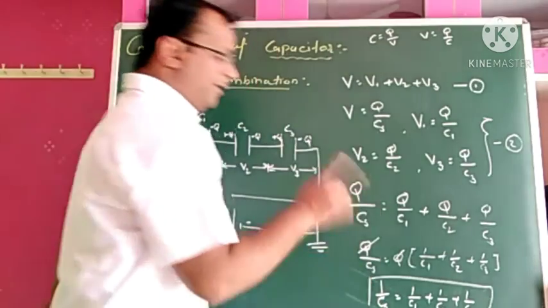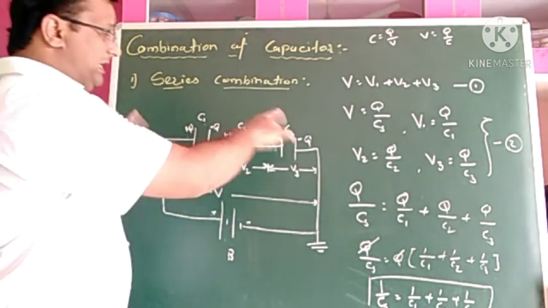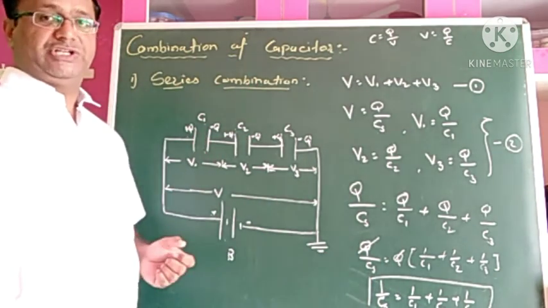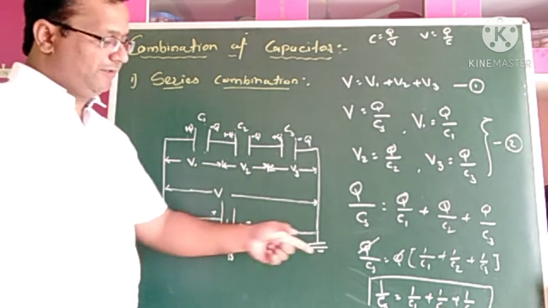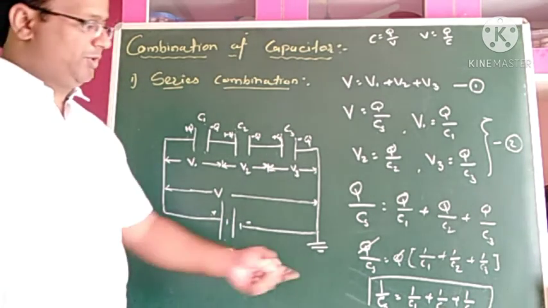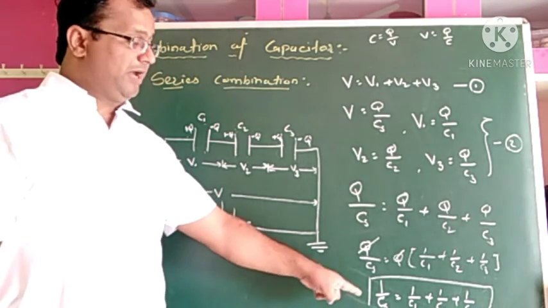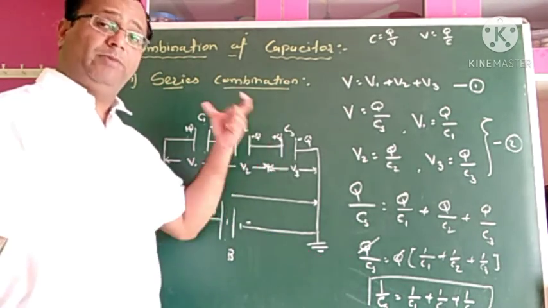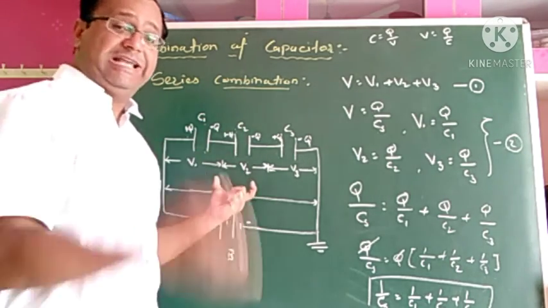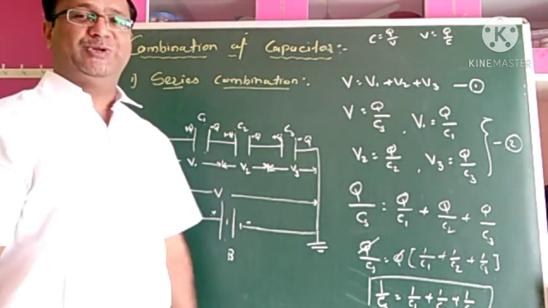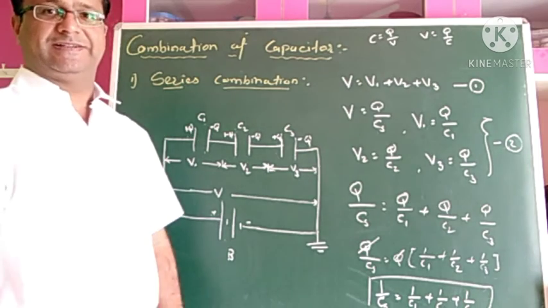Now this is the effective capacitance in a series combination. If you see the equation for 1 upon Cs, it means that the value of effective capacitance is less as compared to the individual capacitances.